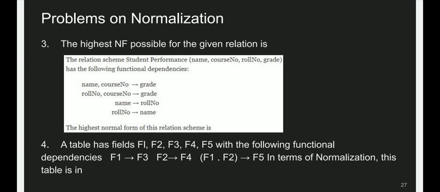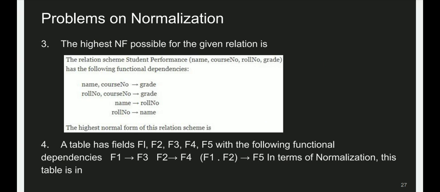Name, course number can determine grade and name can determine roll number. Also roll number, course number can determine every other attribute. So they both are candidate keys. You can take any one as the primary key.